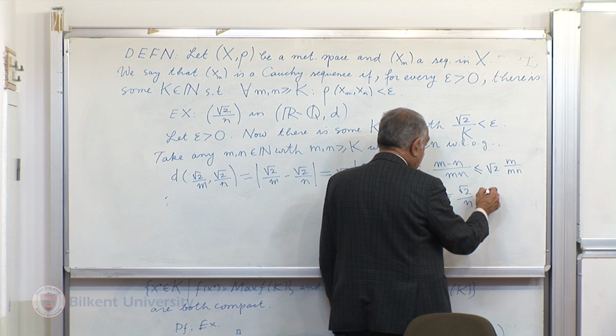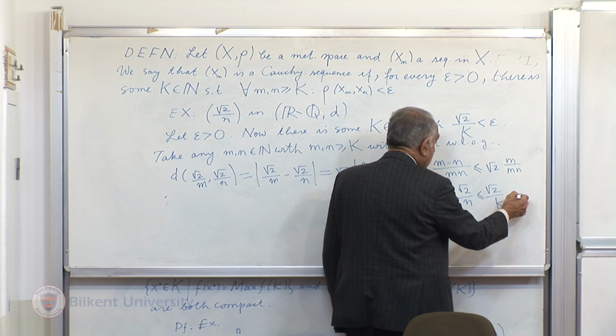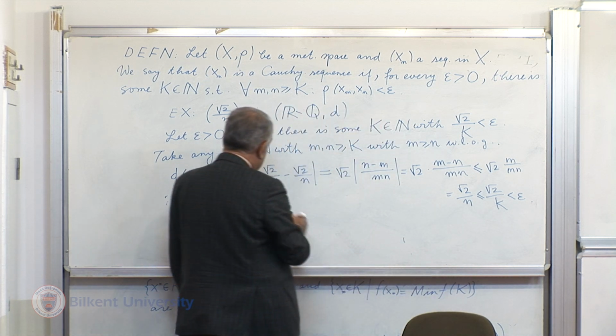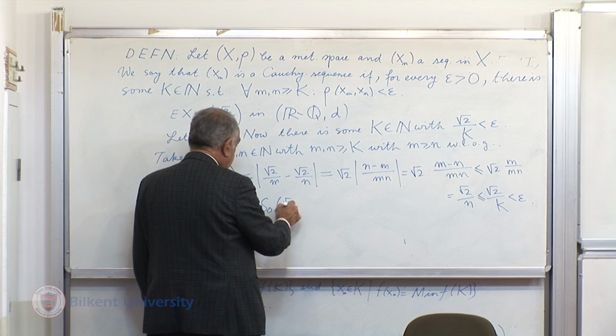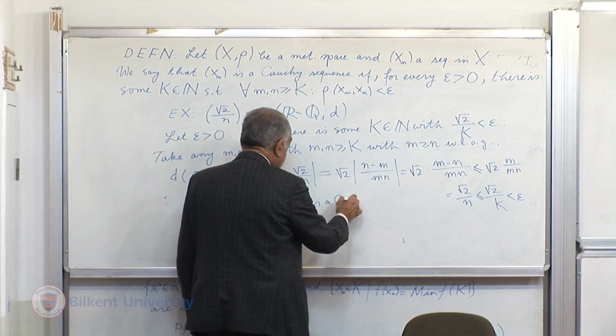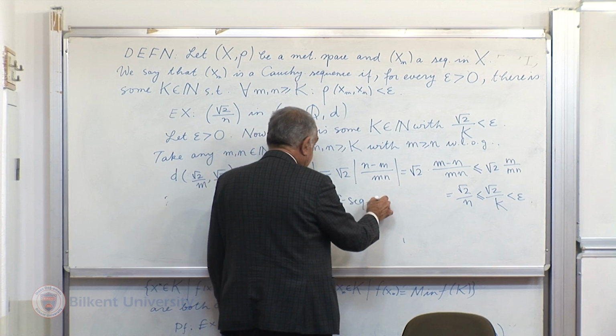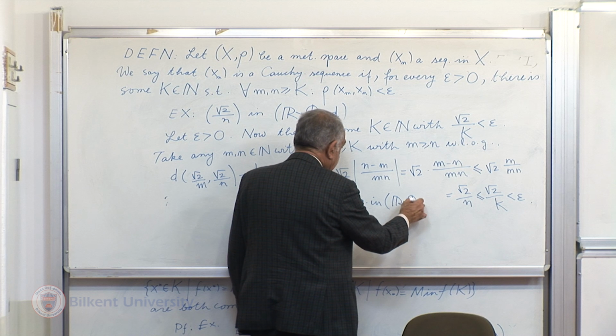This will be less than square root of 2 over k, and that will be less than epsilon. So square root of 2 over n is a Cauchy sequence in R minus Q_d.